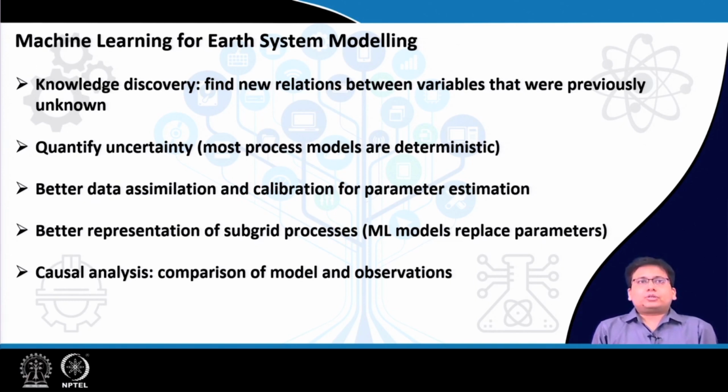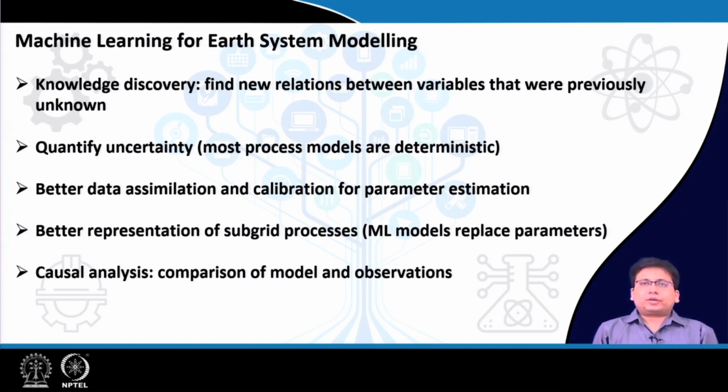Then, most importantly, uncertainty quantification. Most of the process models are deterministic, but whenever we are making any kind of forecast or simulation into the future, we can never say anything in concrete terms. There will always have to be a notion of uncertainty.